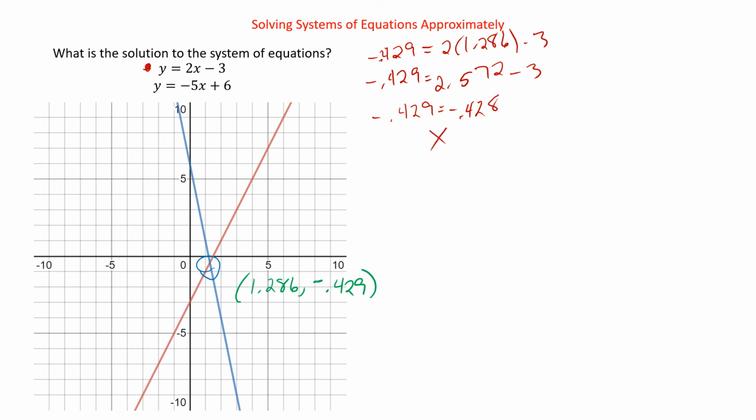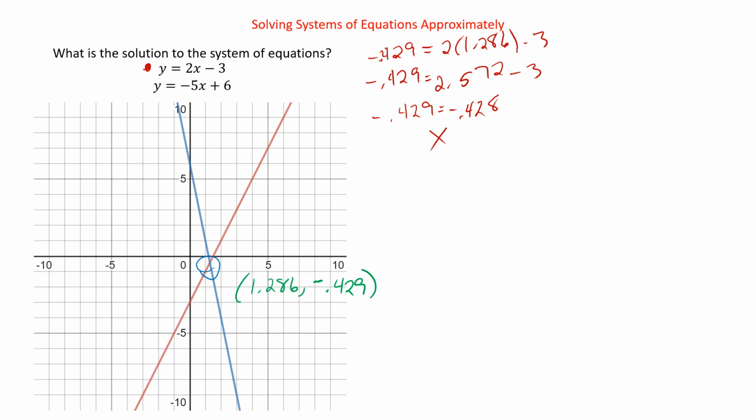Yes, it's close. As an approximation, this works. In the last slide, when we found out, hey, that's the 8th day, like somewhere in the 8th day, it works. But here, if we were trying to find the exact answer, this doesn't really work. So what happens is that this 1.286 is an approximation of the x value.